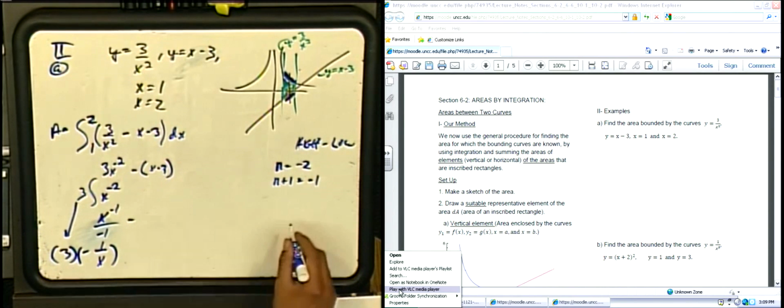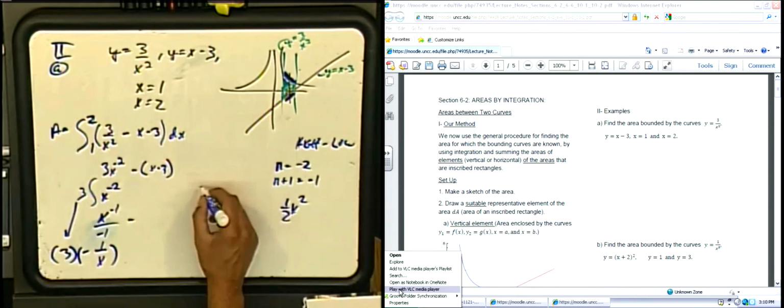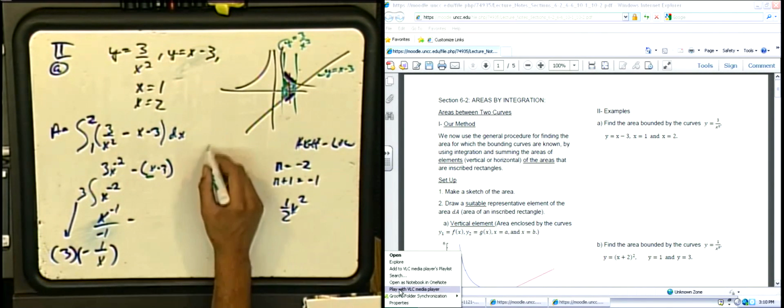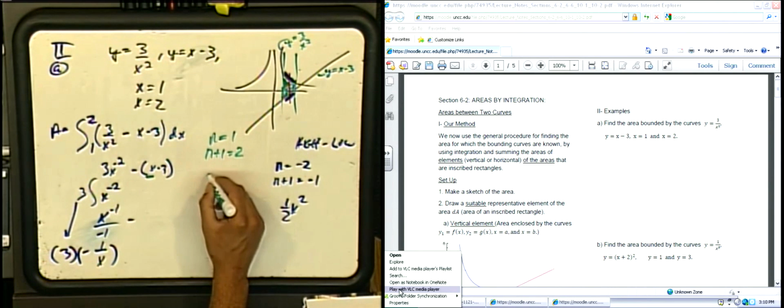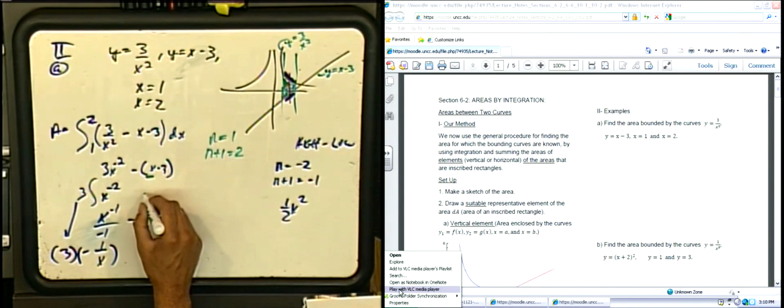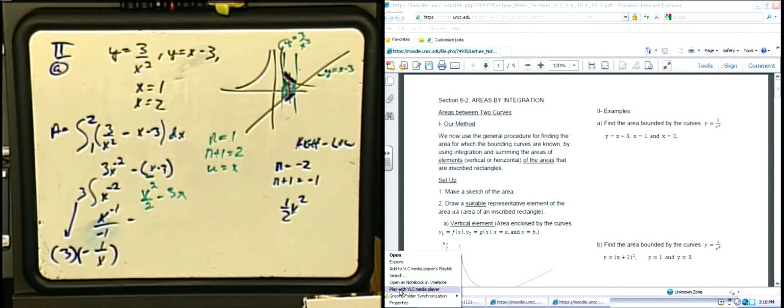Minus, this is going to be 1/2 x squared, I think. For this one, n equals 1, n plus 1 equals 2. So it's x squared over 2 minus 3x.